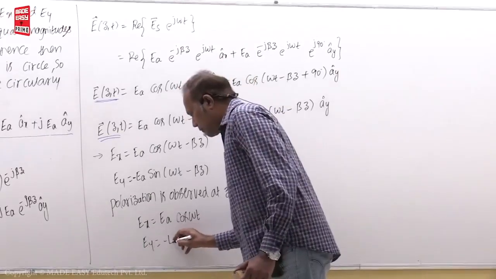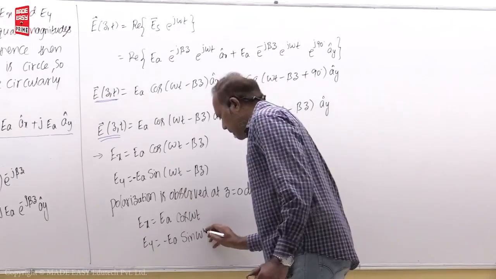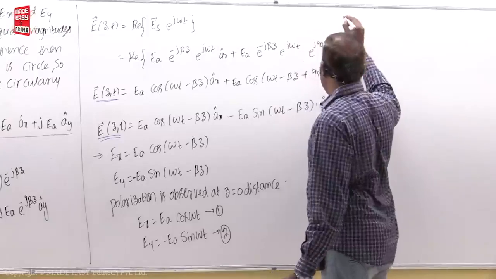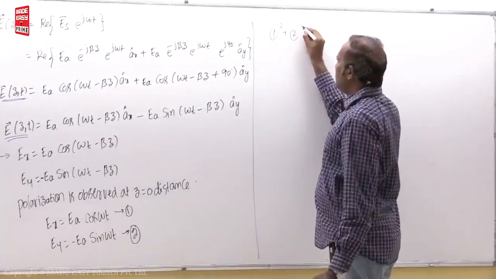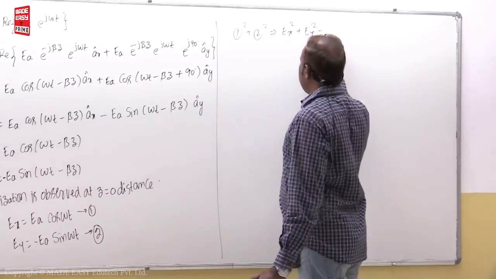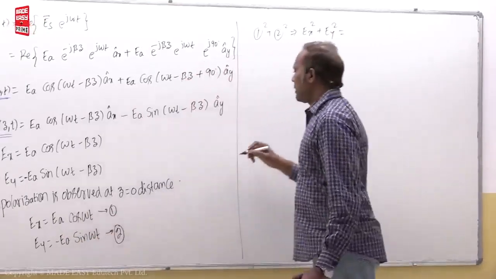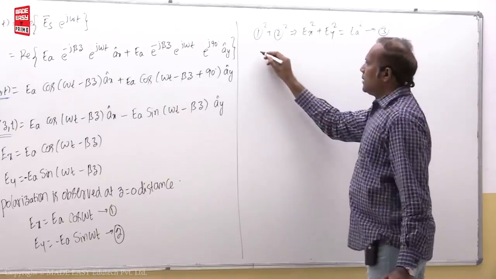Ey is equal to minus EA sin omega t. Equation 1 and equation 2. So equation 1 squared plus equation 2 squared implies Ex squared plus Ey squared is equal to EA squared, EA squared is common, cos squared plus sin squared is 1. EA squared is common, equation 3.